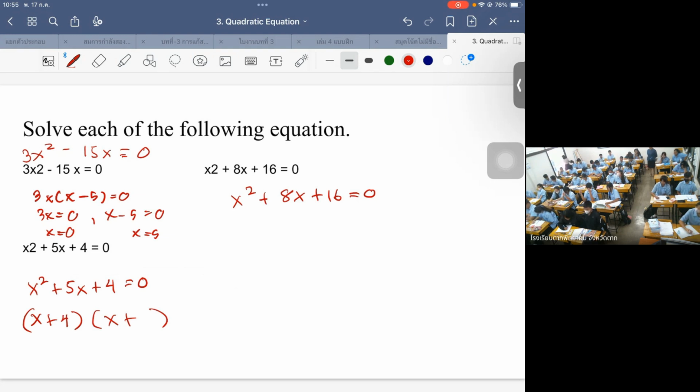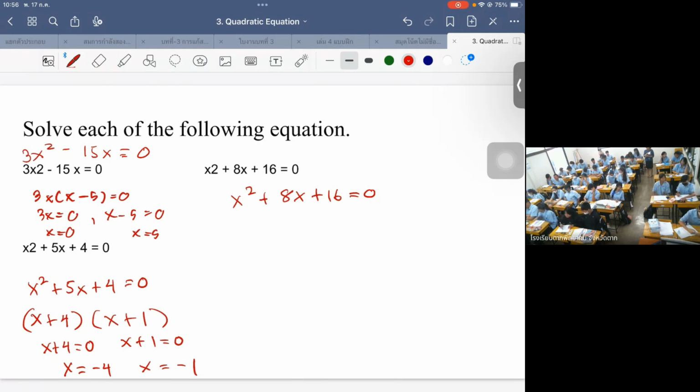So we have 4 and 1. Next step is x plus 4 is equal to 0, x plus 1 is equal to 0. So the final answer, this is positive 4. We need to transpose. So the answer is negative 4. And the next one is negative 1.